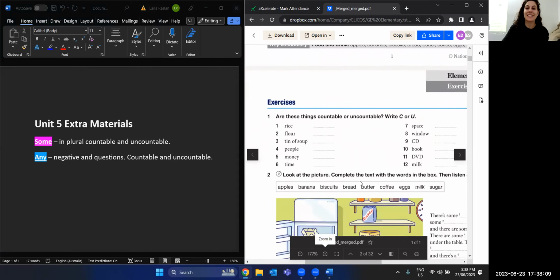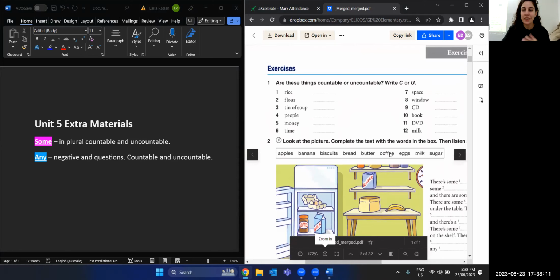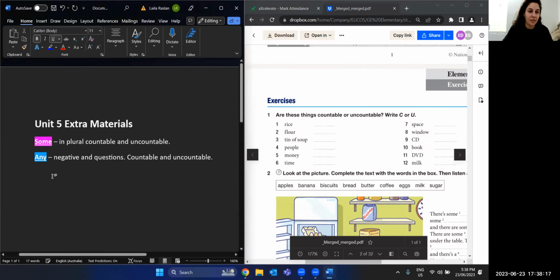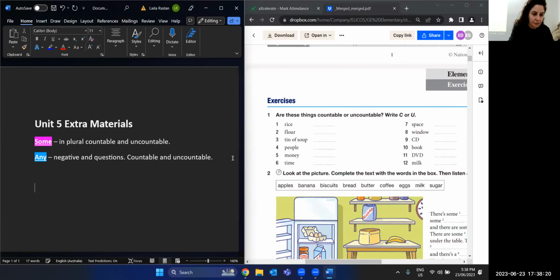So let's practice and see if we understand what it means something is countable or not countable. So rice, is that countable or uncountable? Yeah, uncountable, because we do not say 2 rices, 3 rices. How do we make it?